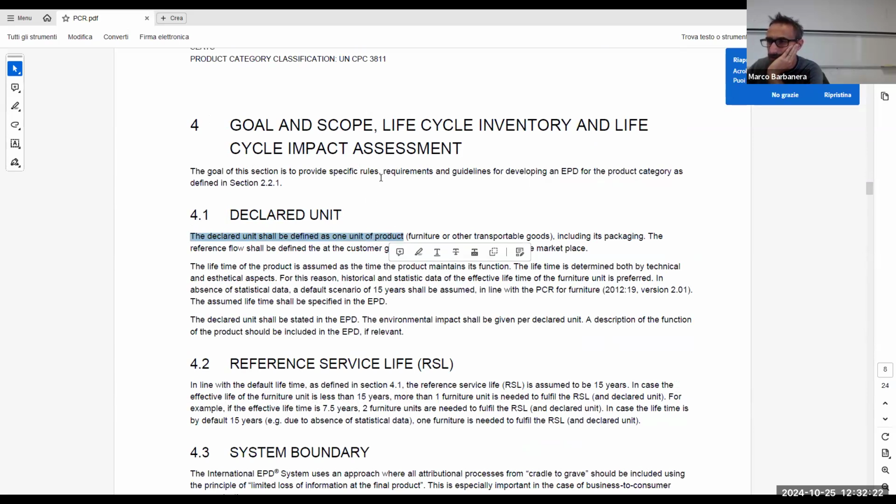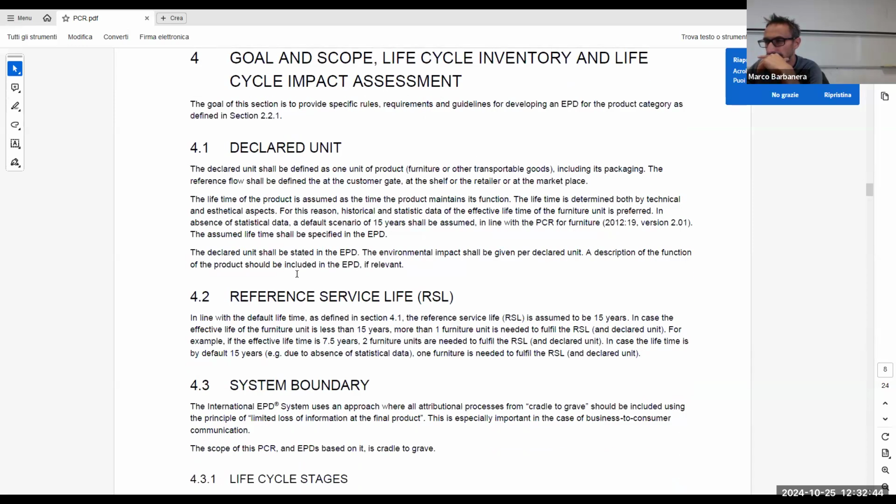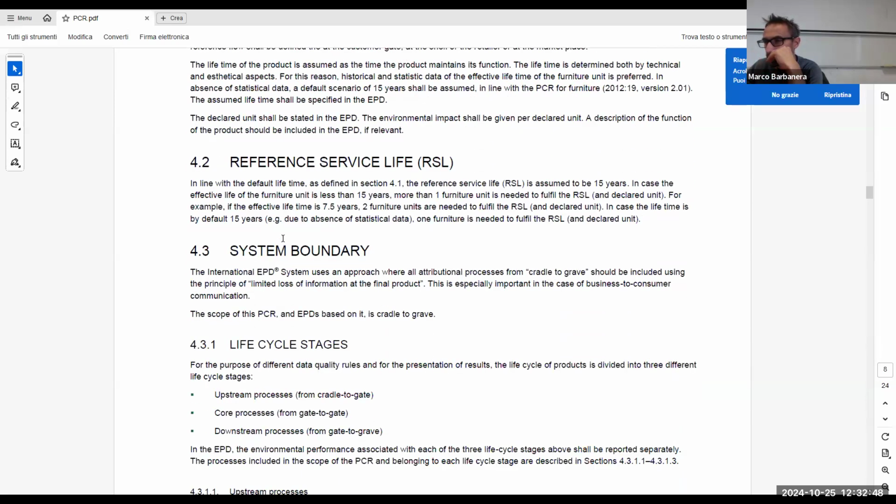This product category rules document is valid not only for chairs but in general for furniture. So in this case, the functional unit is one piece of the product. Also, you have the definition, for example, of the system boundaries.